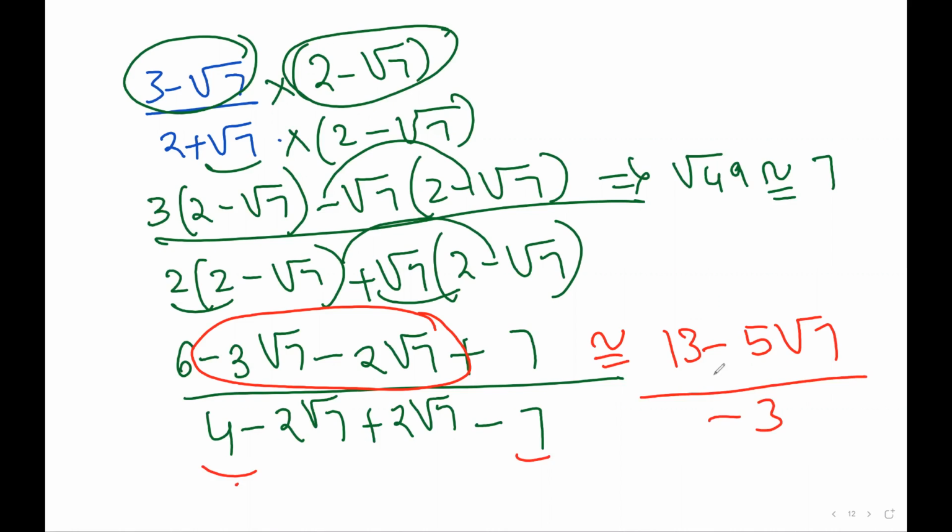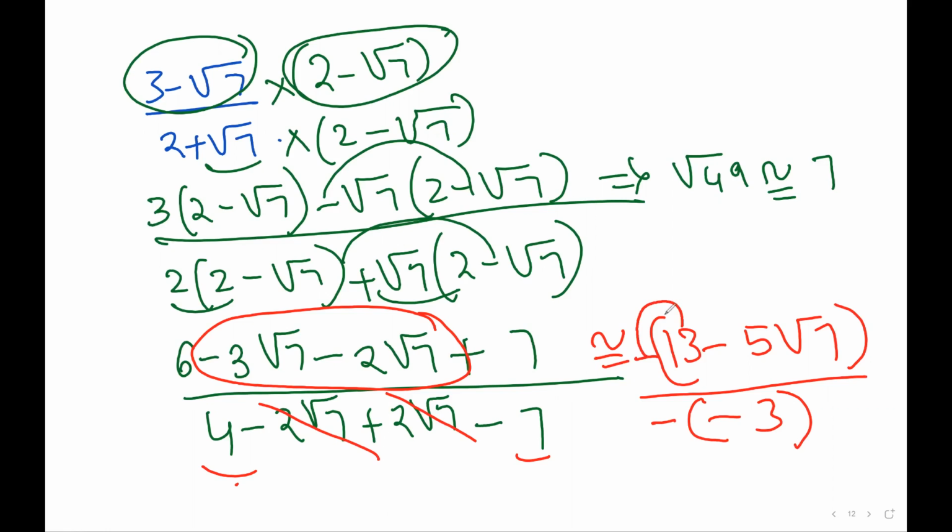It is negative 3. See, now I don't want negative 3 in denominator. Correct? The denominator will never be negative. So you want to remove this sign, you will minus here. As well, you will minus here. Because I want to remove the minus sign, in the denominator I will minus, and in the numerator I will minus.